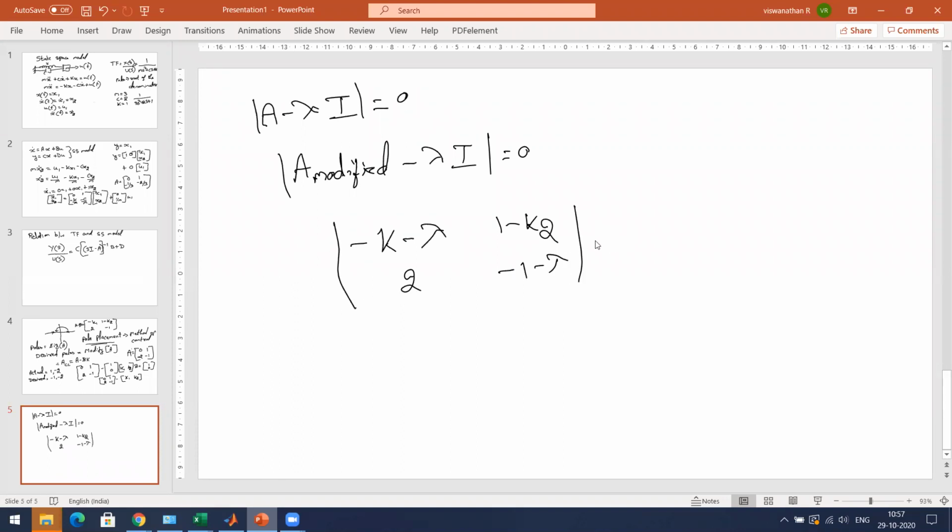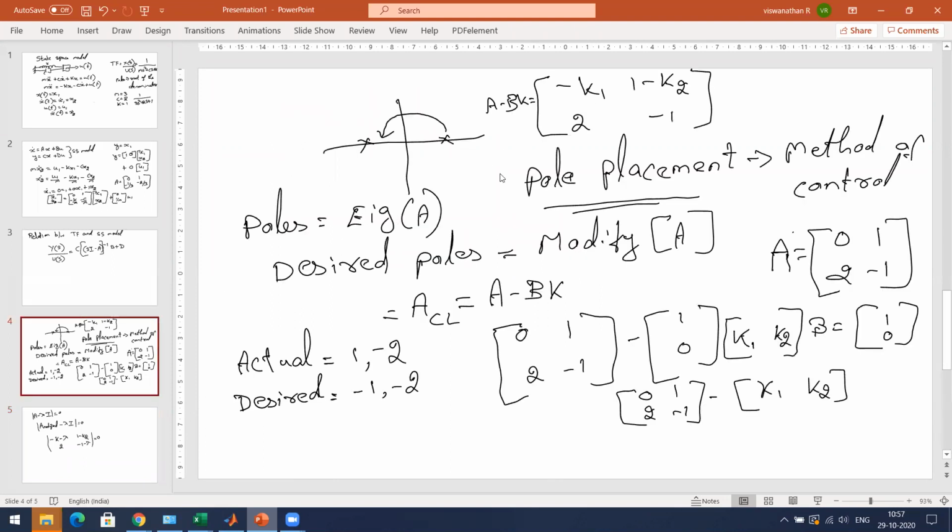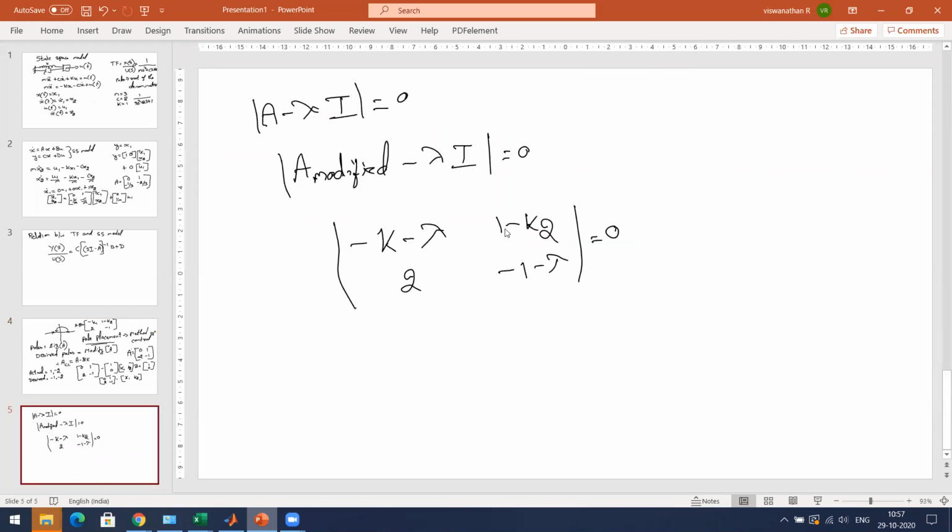Take the determinant of this. What I've done is I've just written this A minus BK minus lambda I. Any doubts here? No, sir. Okay, so find the determinant of this.